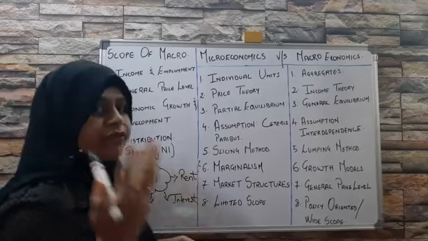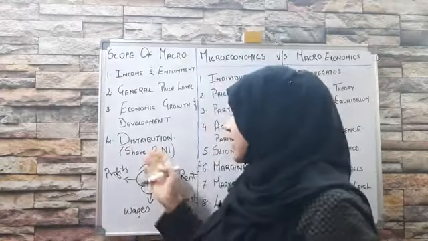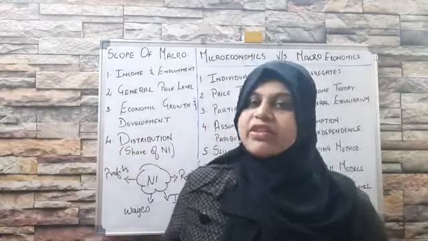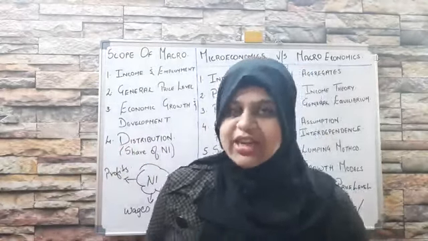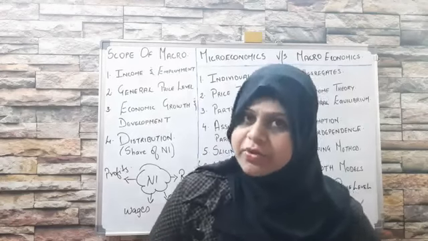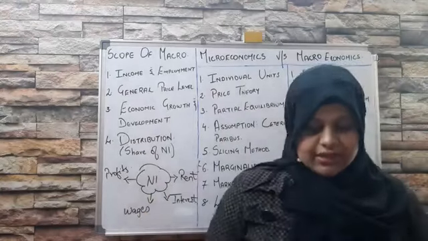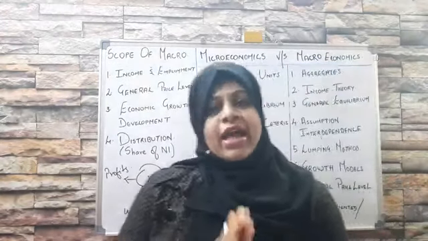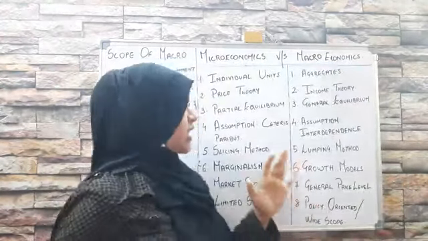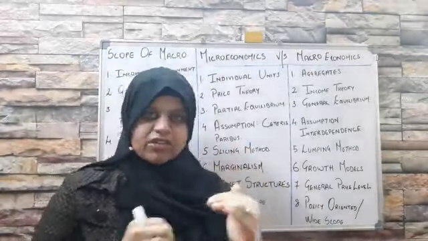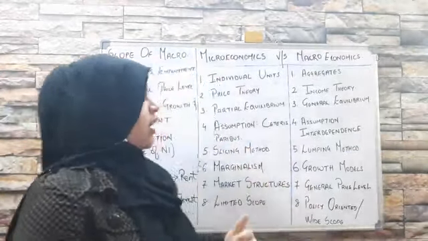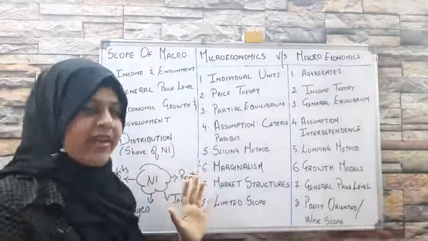I hope you remember the 4 factors of production. These are nothing but the rewards of the factors of production: the land, labor, capital, and entrepreneur. So who gets what and how much is also studied under the scope of macroeconomics. So I'm sure you have understood so far the scope of macroeconomics.